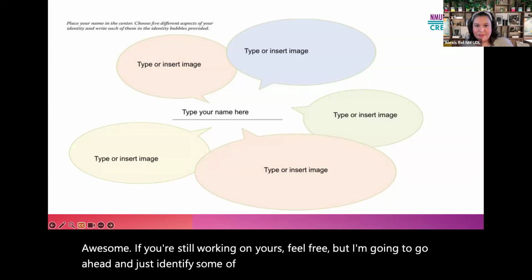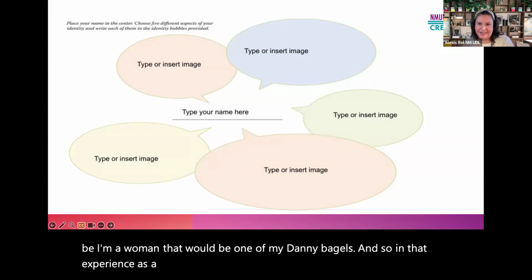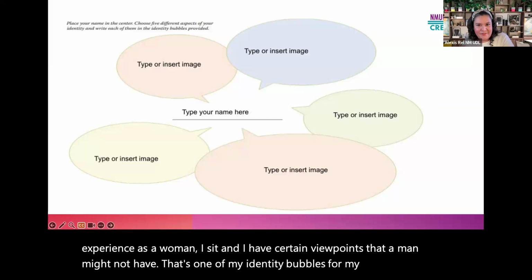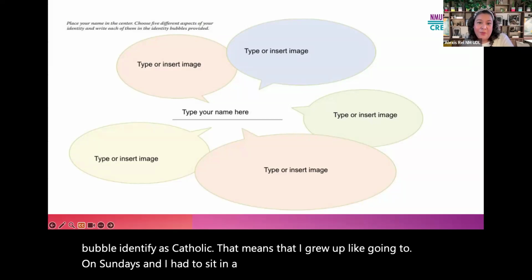One of mine would be, I'm a woman. In that experience as a woman, I sit and have certain viewpoints that a man might not have. For my religion identity bubble, I identify as Catholic. That means I grew up going to church on Sundays, and I had to sit in a pew and be really quiet.